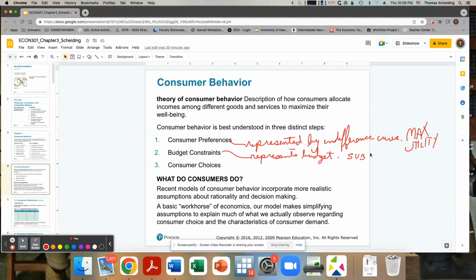So we are maximizing utility subject to a constraint. And that consumer choice is where we put together the point where we are maximizing utility subject to the constraint.